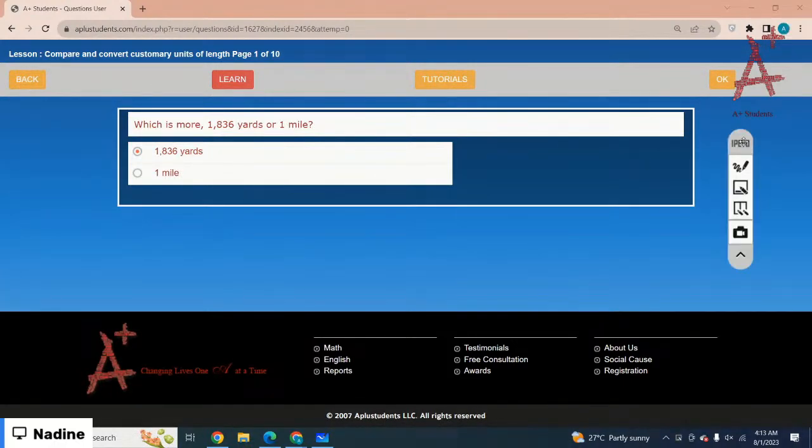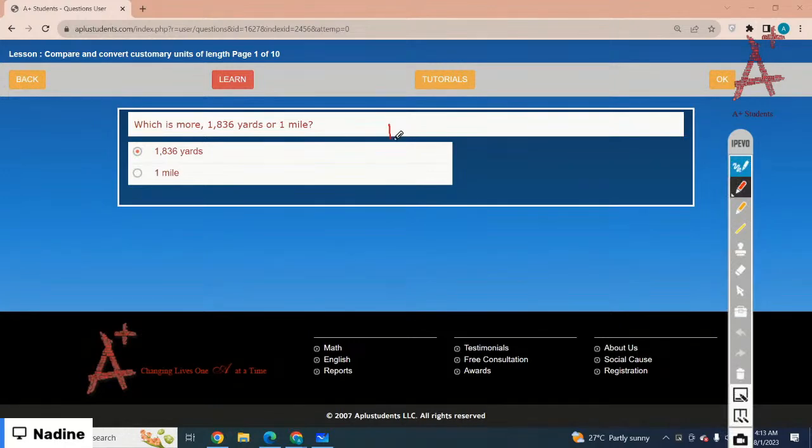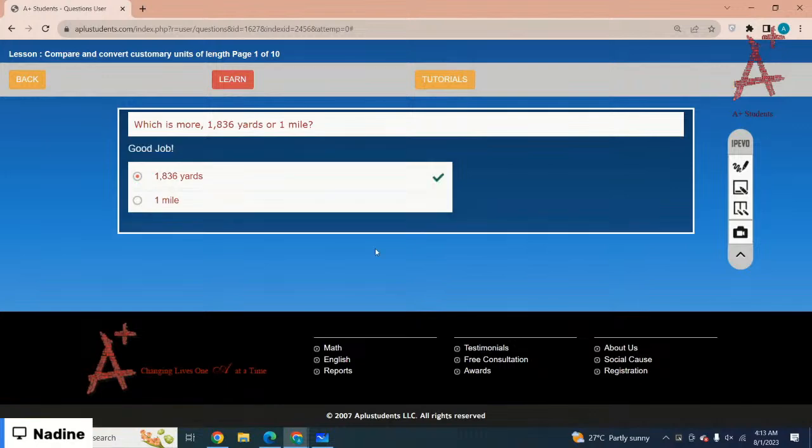Why? Because 1 mile equals 1,760 yards, right? So 1,836 is more than 1,760. So the correct option is 1,836 yards, right?